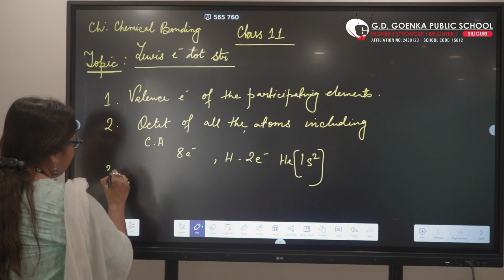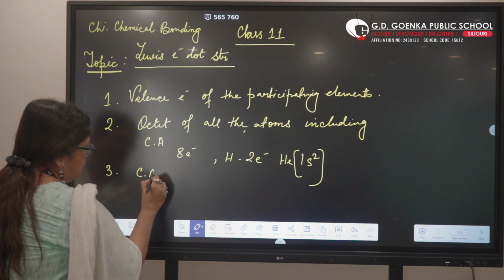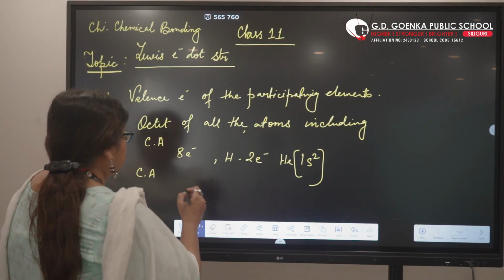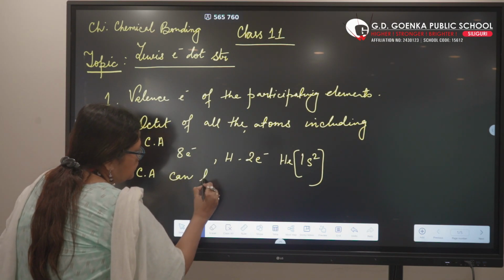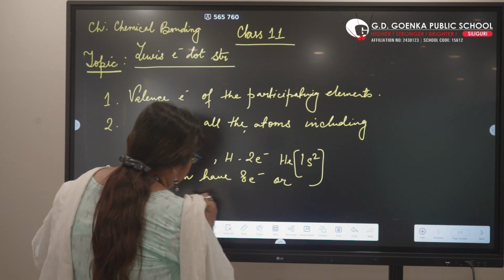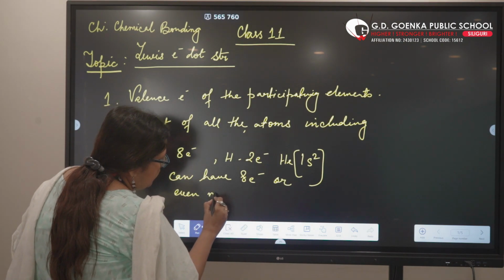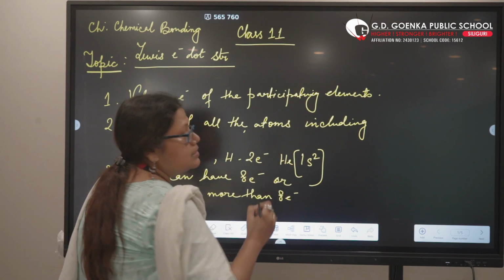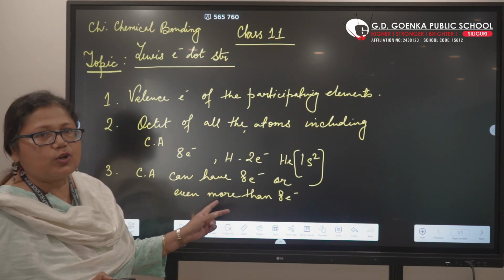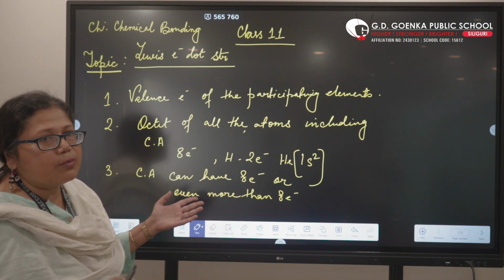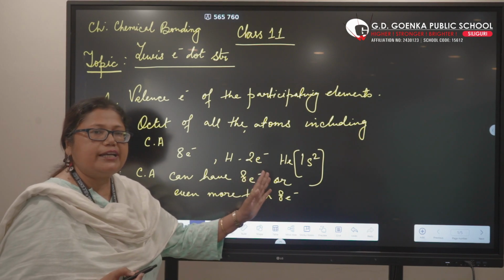Now next is the central atom. This is again so much important, students. The central atom can have 8 electrons or even more than 8 electrons. The central atom can have 8 electrons during the formation of ions or molecules, or it can have more than 8 electrons.